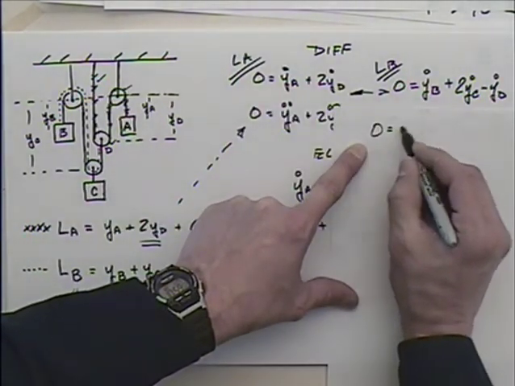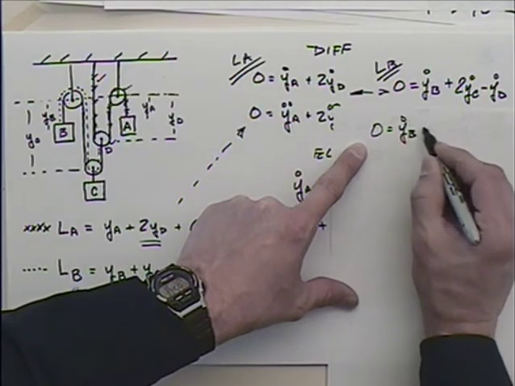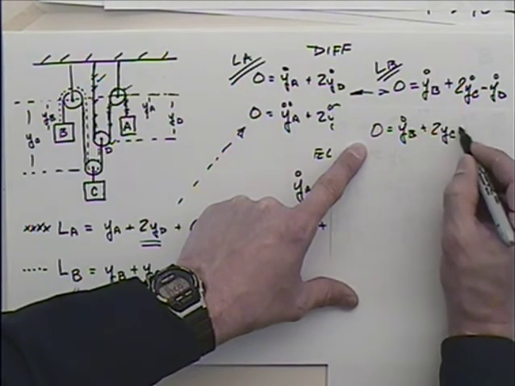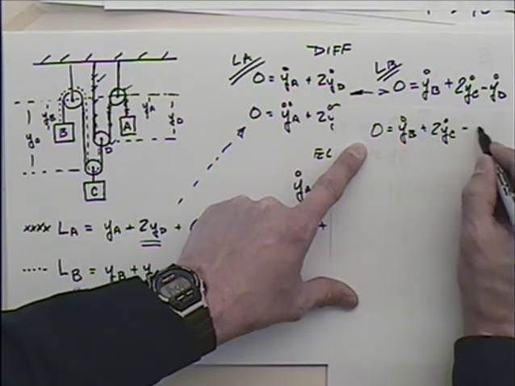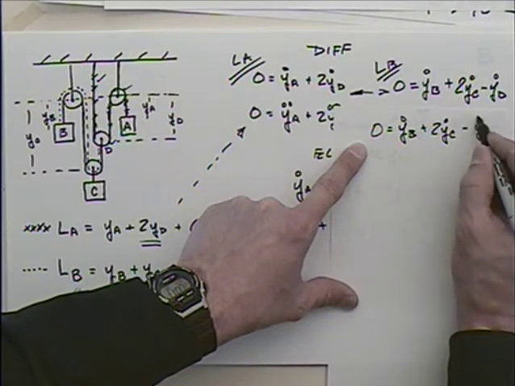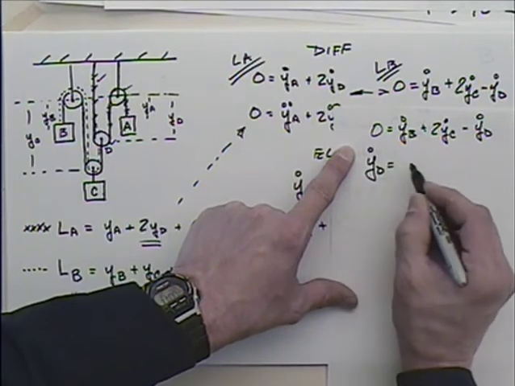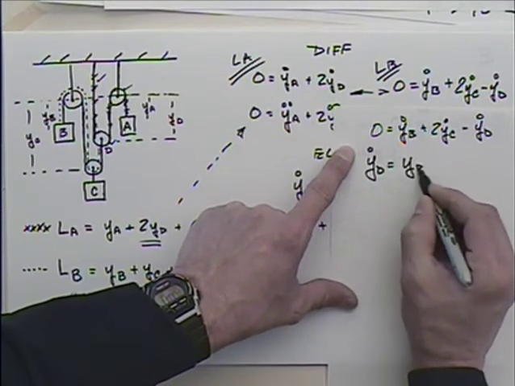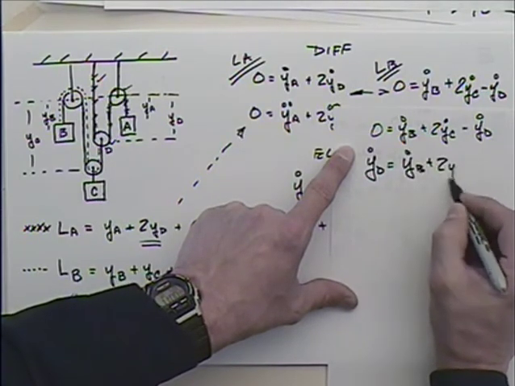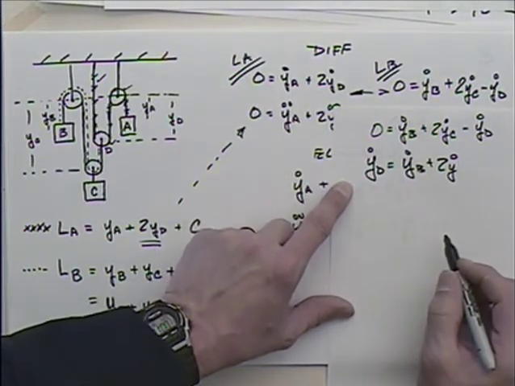So I've got 0 is equal to y sub b dot plus 2y sub c dot minus y sub d dot. So y sub d dot turns out to be y sub b dot plus 2y sub c dot. Okay with that?